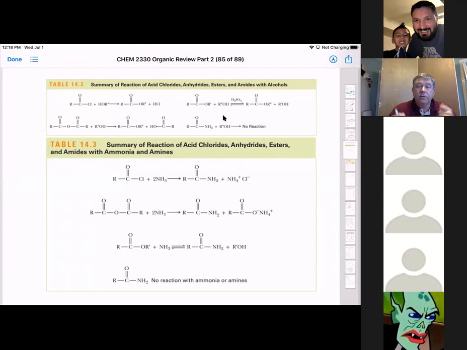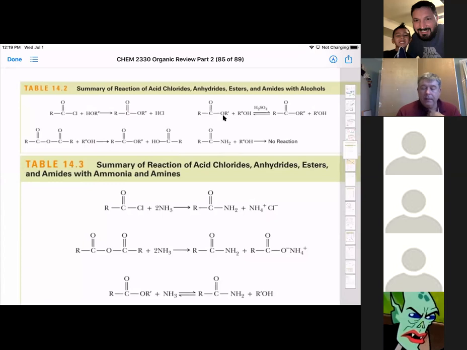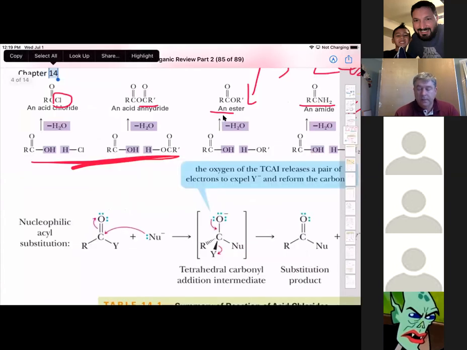However, once you have created those less reactive ones, they become harder and harder to make by more than one route. For example, if we go down to here, the summary of reactions with just alcohols, let me blow that up a little bit. The acid chloride, the ester, and the acid anhydride will react with alcohol spontaneously to generate an ester and some kind of leaving group.